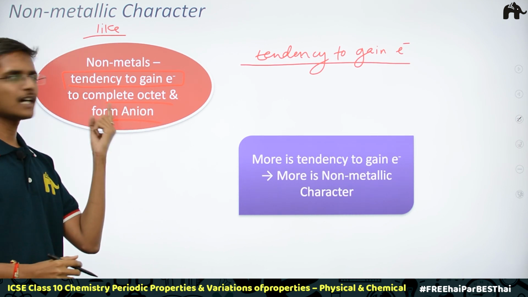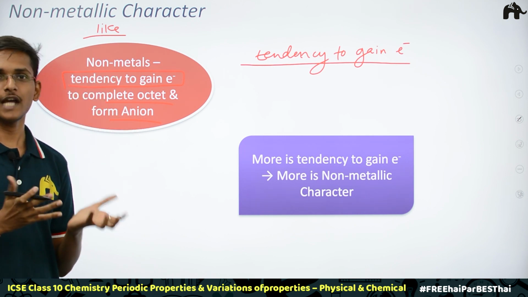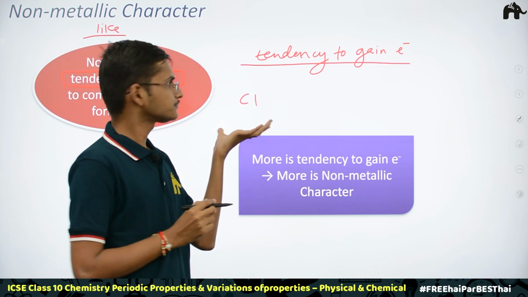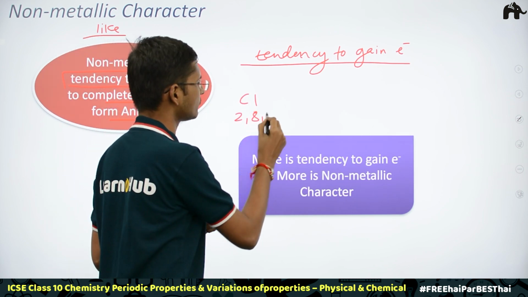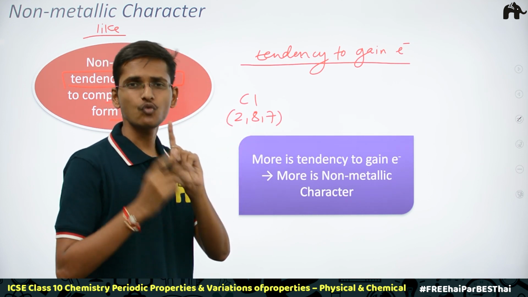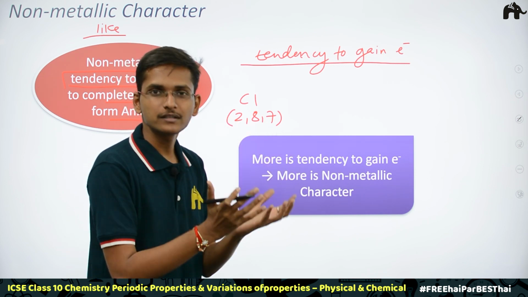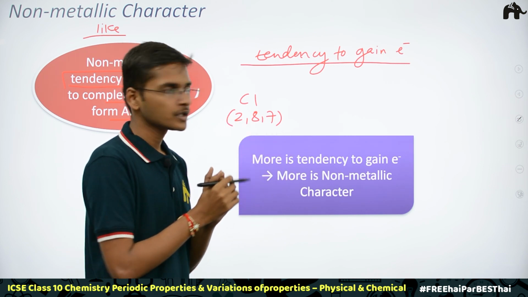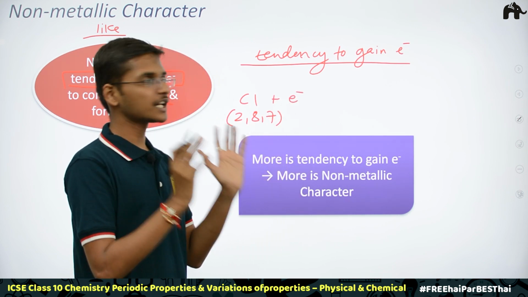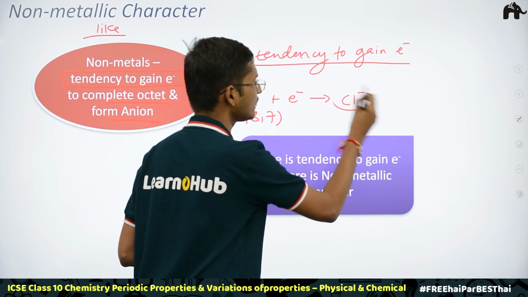Let's see an example so that we understand that non-metals really have this tendency. See here, it is chlorine, a non-metal. It has 2,8,7 electronic configuration. It is in badly need of just one electron so that it would attain octet and complete the octet of its outermost shell. So it would crave for the electron, gain it, and form an anion.